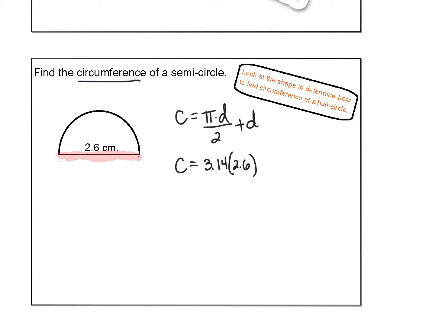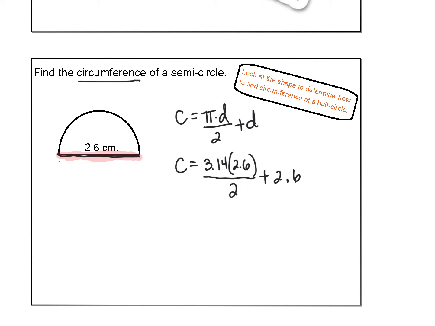And then our formula tells us that we're going to divide that in half, divide it by 2, because it's a half circle, and we have to add that diameter back in because that's what closes the circle. So plus 2.6.